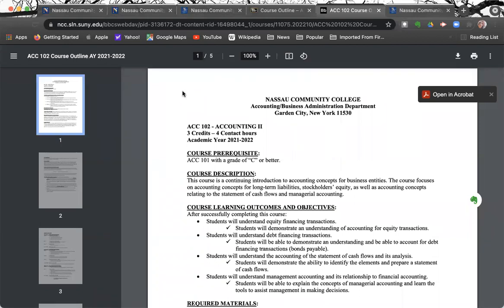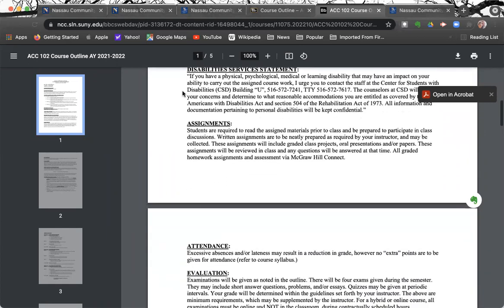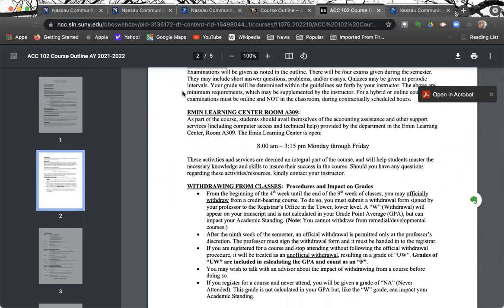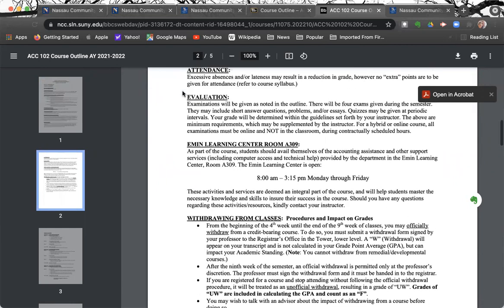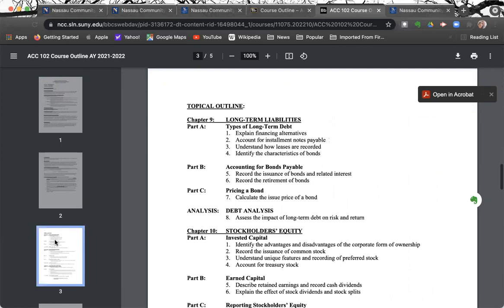Tells you about the course, tells you about the book, tells you some other things, learning center, etc. What chapters we'll be covering, so on. That is the course outline.